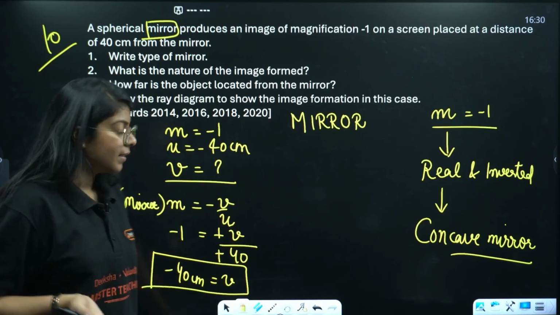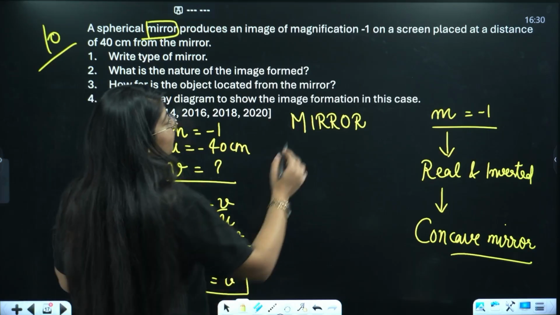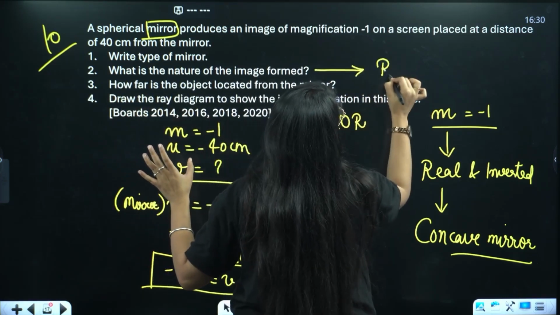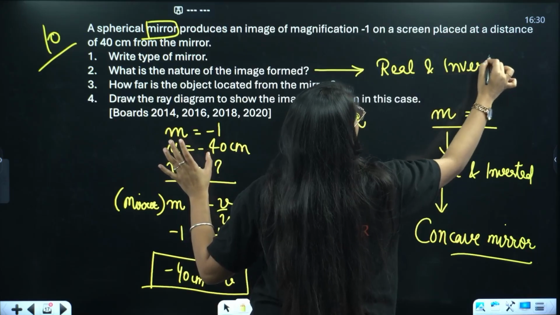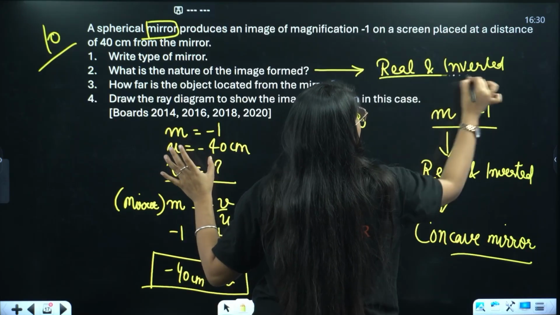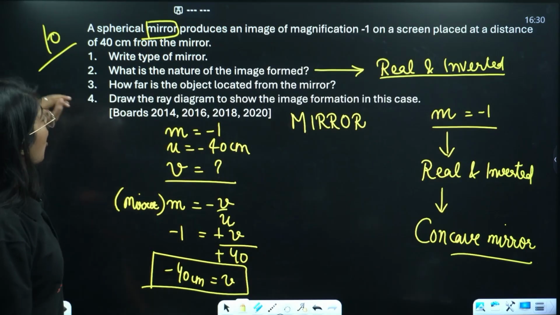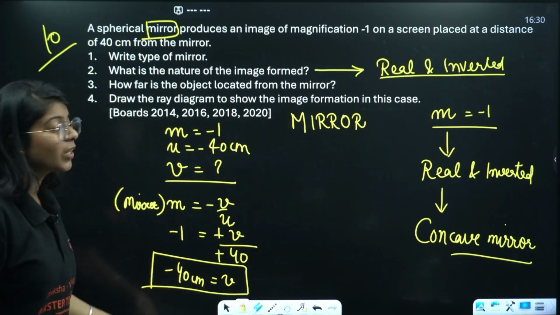That means this v is on the left hand side, which means the image is real and inverted. We can already see that from magnification, but this is the way you can find it as well. How far is the object located from the mirror? That we already found, -40 centimeter.